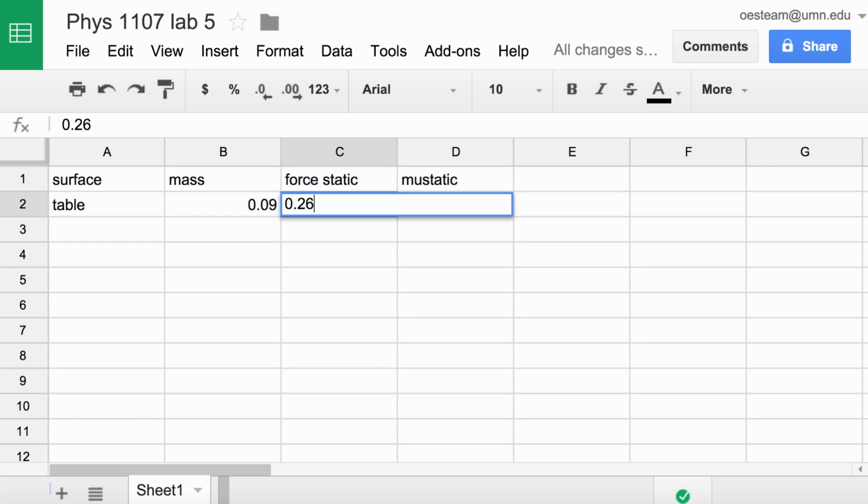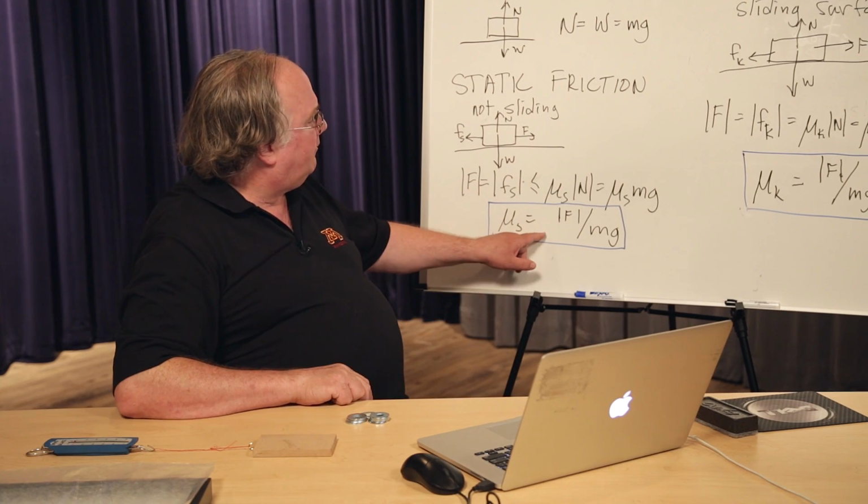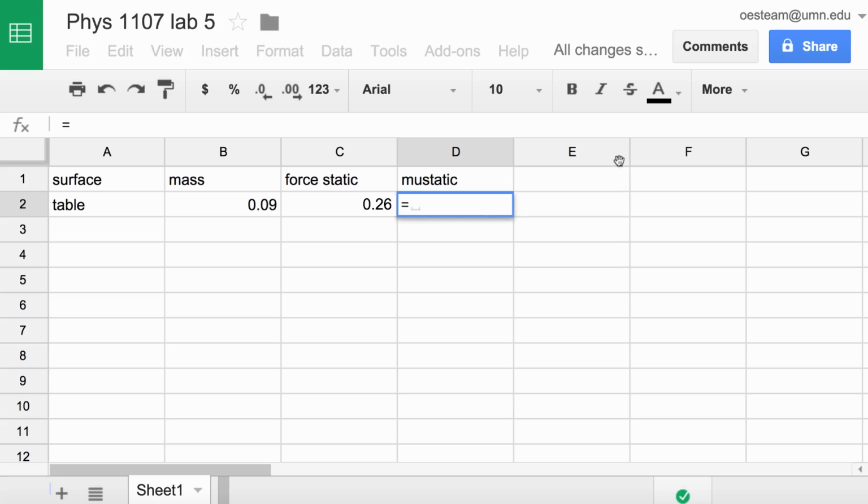With that, we can find mu static using this formula: mu static is equal to the static force divided by the mass and divided by g, which is 9.8 meters per second squared.